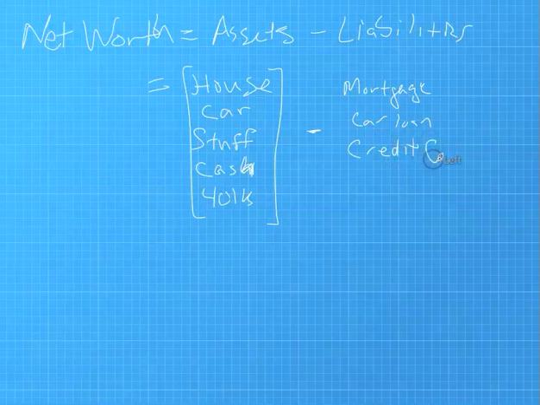Or maybe you had to take out a small low interest loan to buy your stuff, your computer, your furniture for your house, or what have you. And those are typical liabilities. And one big liability for many students graduating nowadays would be your student loans.